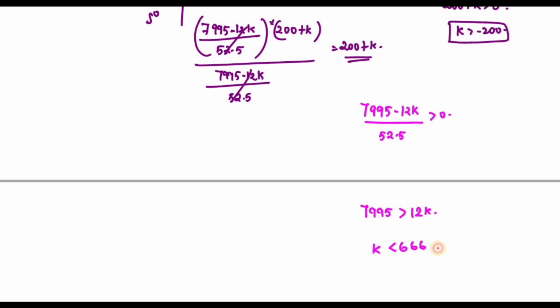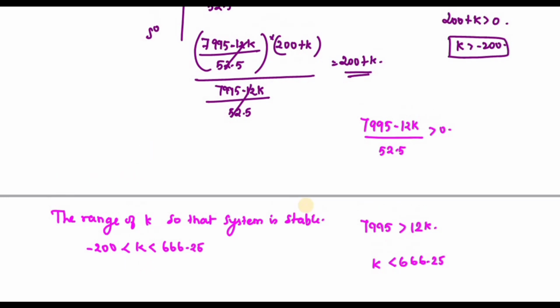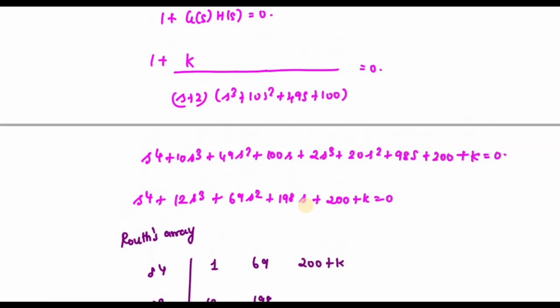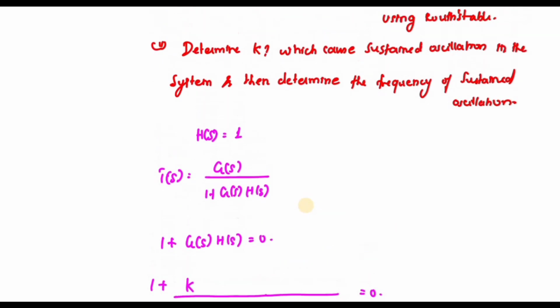Okay, so the range of K must be between minus 200 and 666.25.